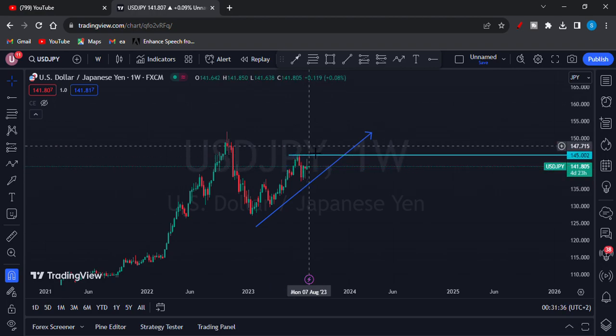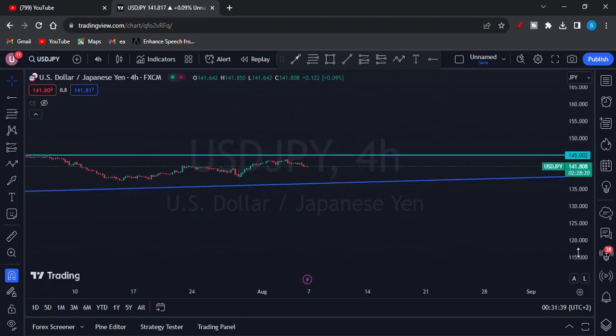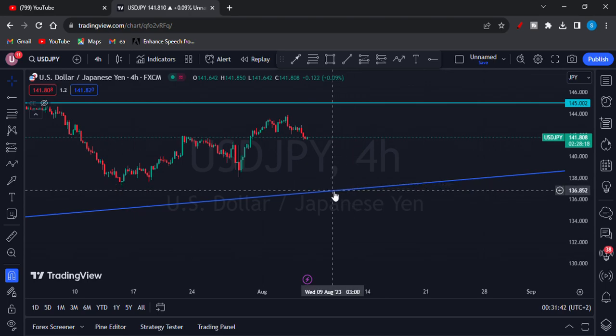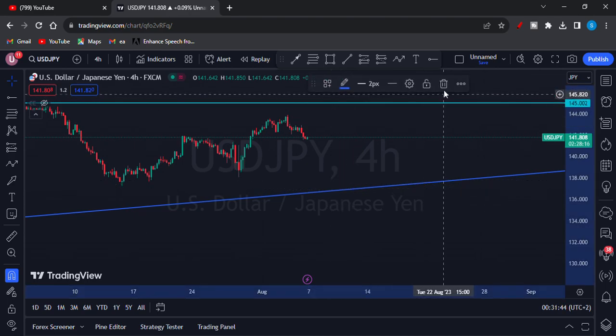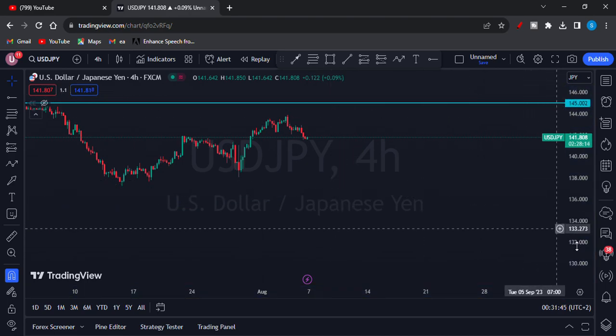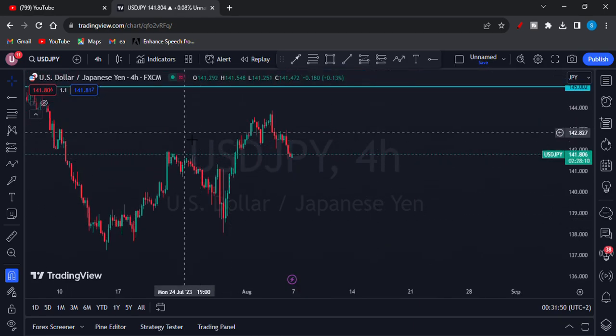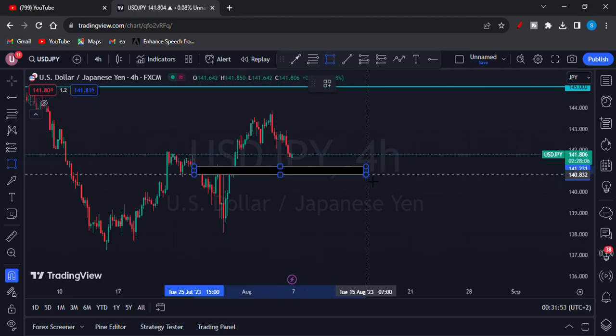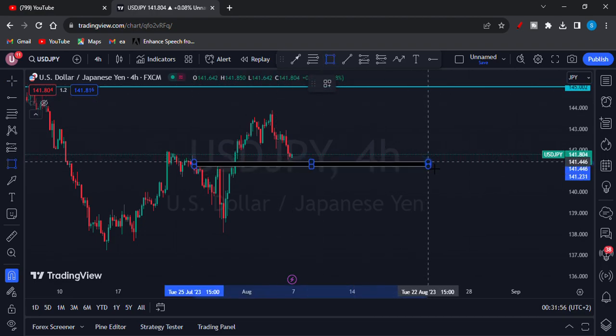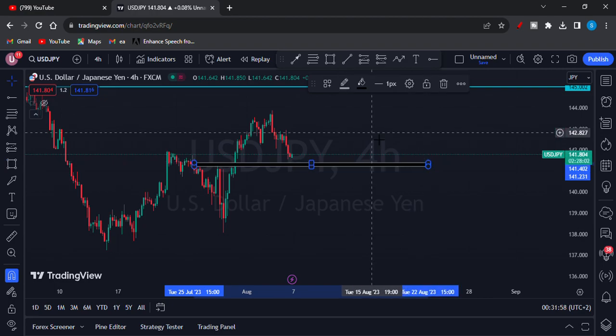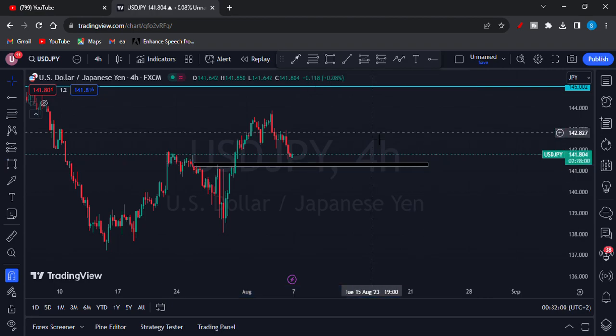Let's go to our 4-hour and find our support or even our resistance. So on a 4-hour, we have this zone right here. And then let's go to hourly.